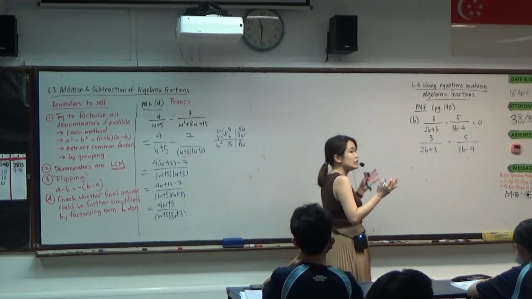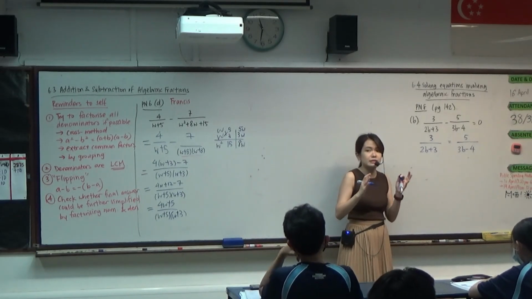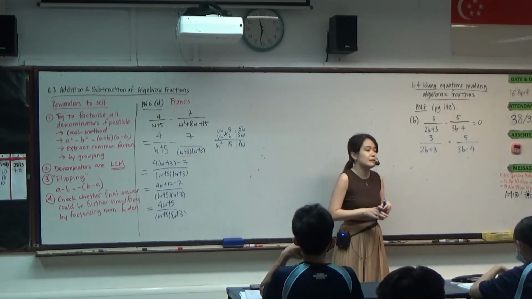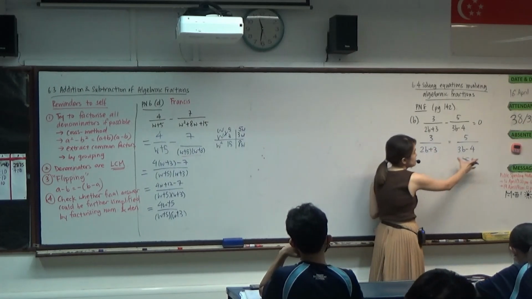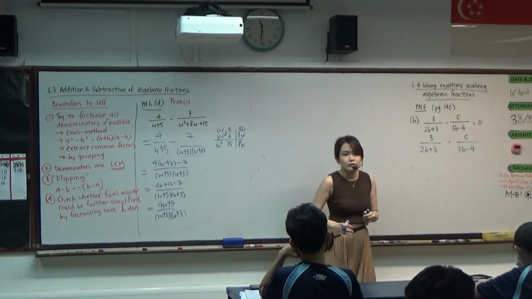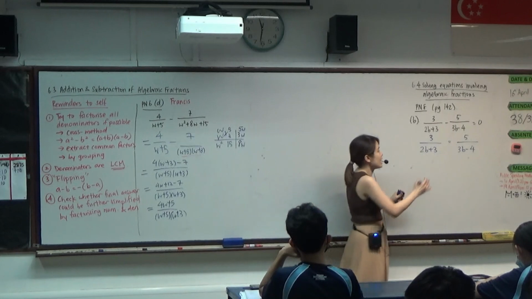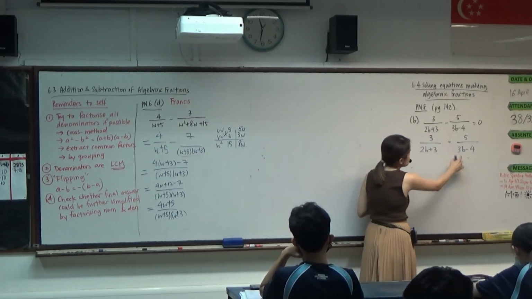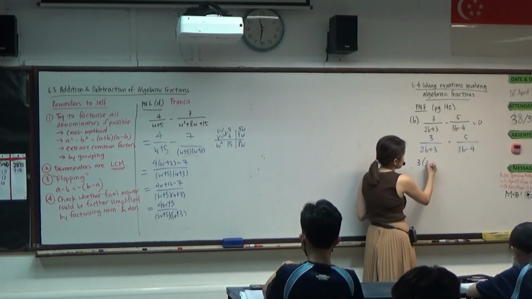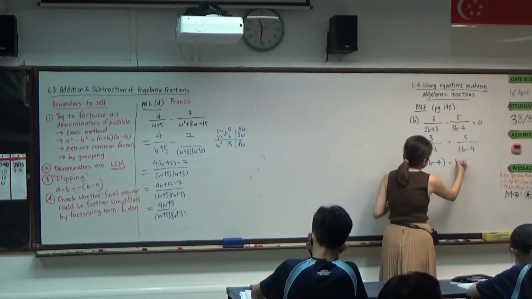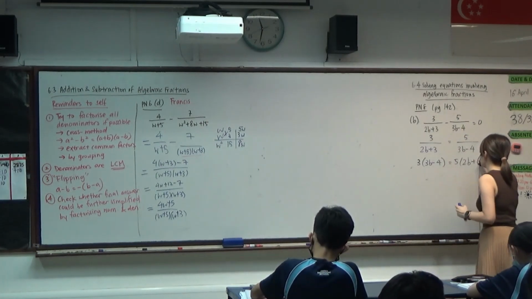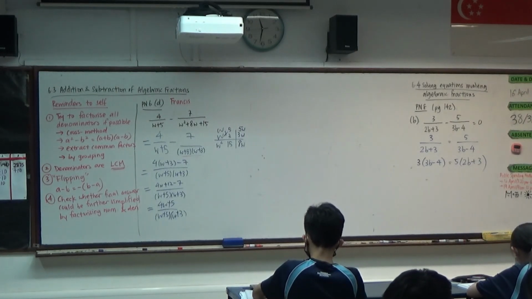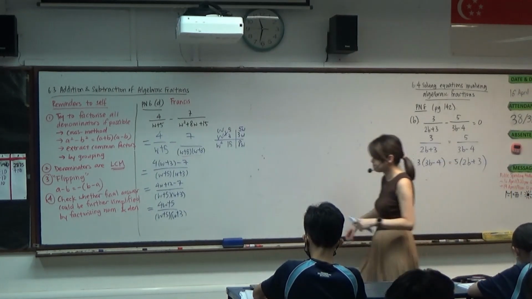The conditions for cross multiplication, when we said it in set 1, was that it must be a single fraction on the left, single fraction on the right. One fraction only. Then we can cross multiply with an equal sign in between. So cross multiply will mean that I will get 3 times 3b minus 4 equals 5 times 2b plus 3. Cross multiplication.